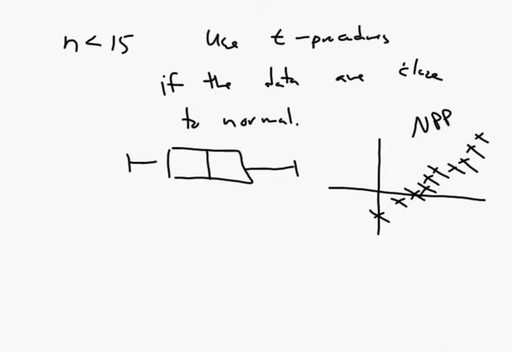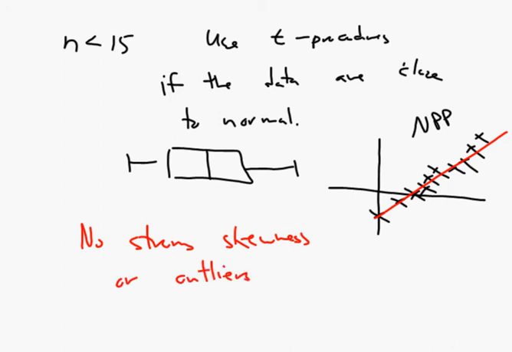So as long as there's no strong skewness or outliers, along with a linear NPP, then you are safe to use the t procedures in the case where n is less than 15. So this is sort of broken into cases. You have to worry about that. Okay? All right, but you have to have both of these, and you have to have some good reason to suspect that it is normal.